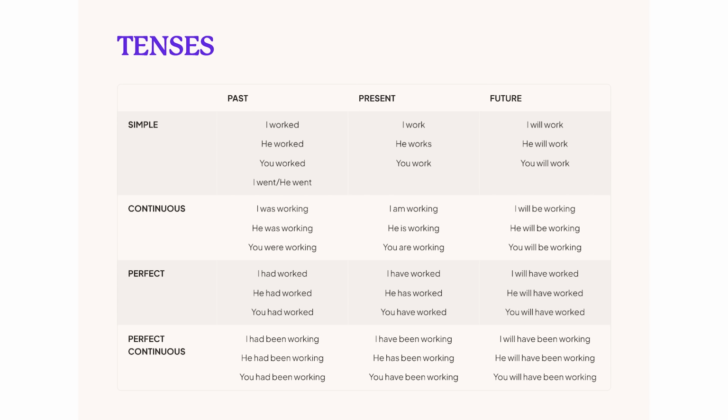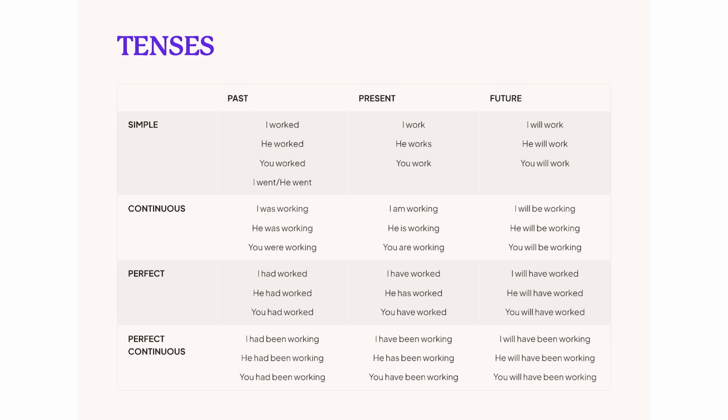I was working, he was working, you were working. Past perfect: had plus past participle. I had worked. He had worked. Past perfect continuous: had been plus verb plus ing. I had been working. He had been working.